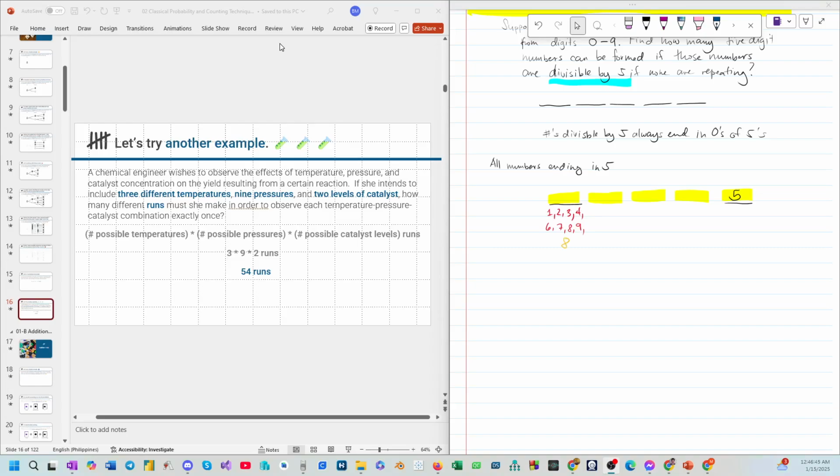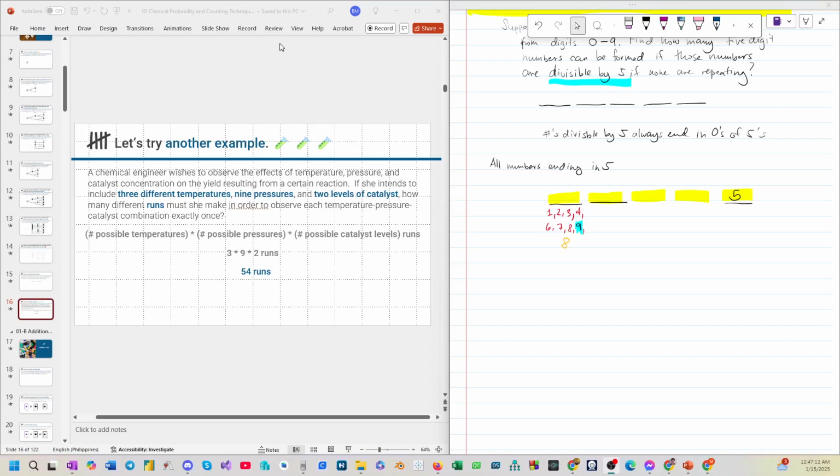Okay. So, for the second digit, what do we have? Possible numbers. So, let's say, for example, pinili natin si number 9 na lang. Okay, we choose number 9. Now, for the second digit, we cannot use 9 anymore.